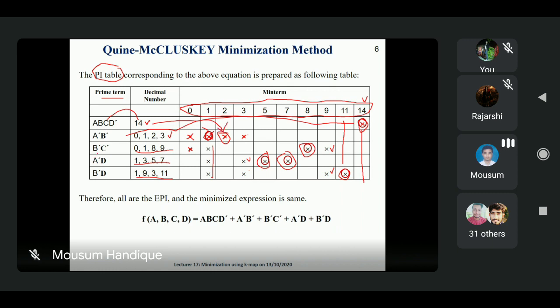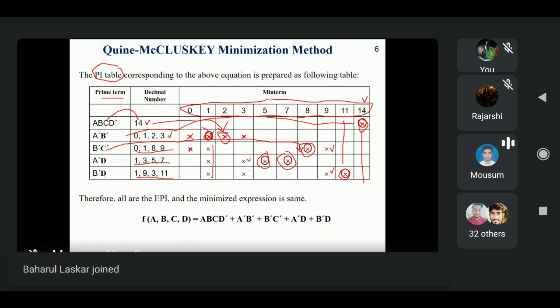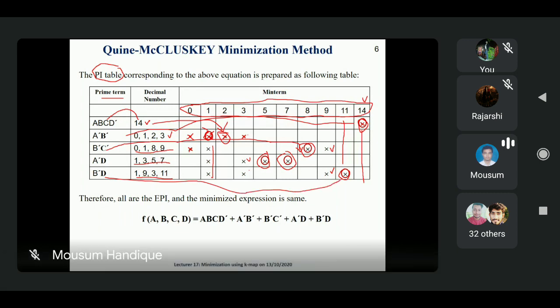What about B bar C? Yes, B bar C also has one cross symbol in column number 8. And what about A bar D? A bar D also has two round symbols. And B bar D, yes, also has one round symbol with a cross.